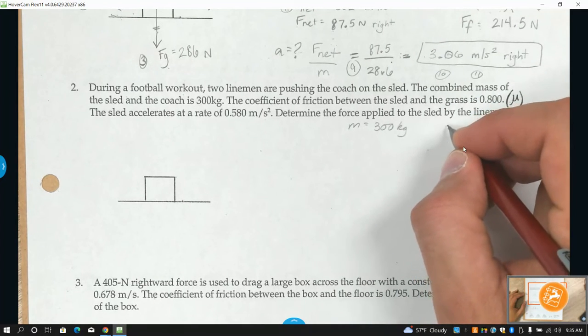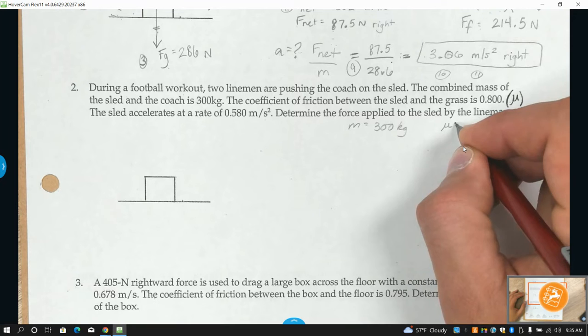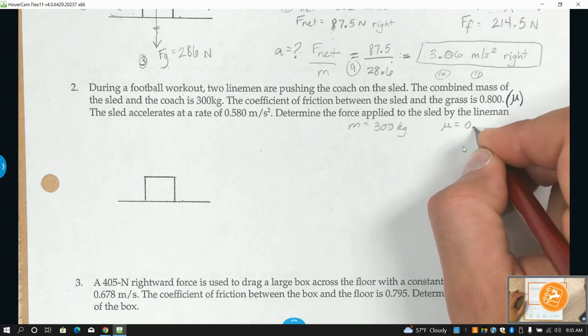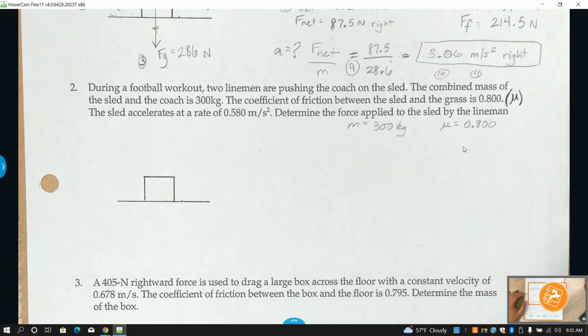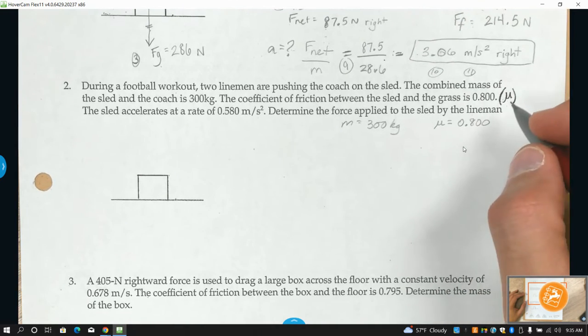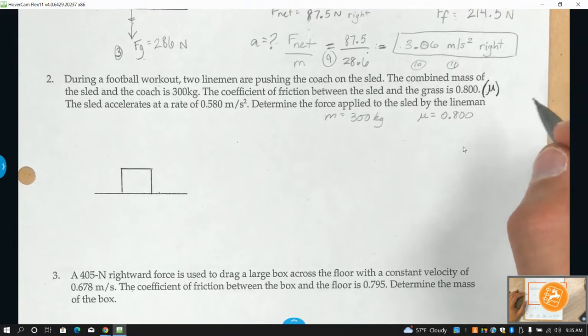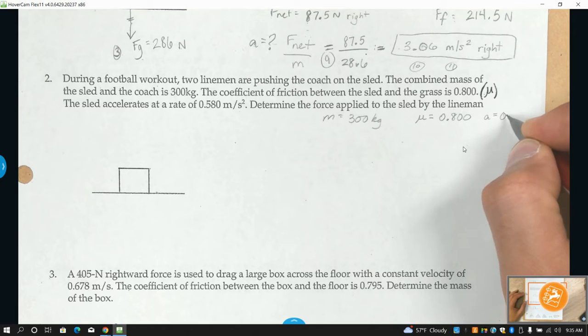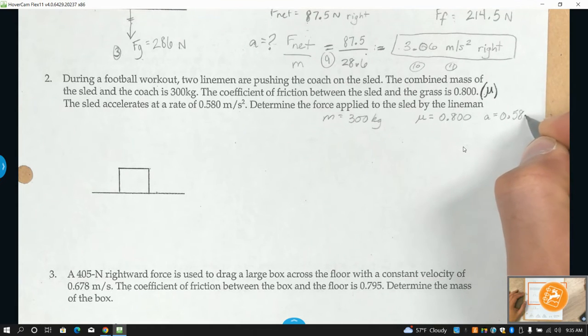They give me the coefficient of friction as 0.800. Remember, the coefficient of friction has no unit. And the only other thing that they give us is acceleration, 0.58 meters per second squared.